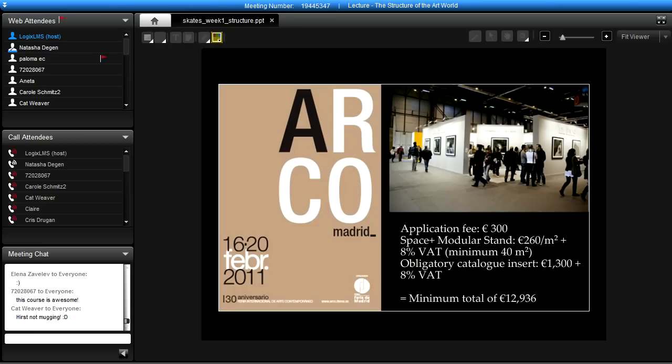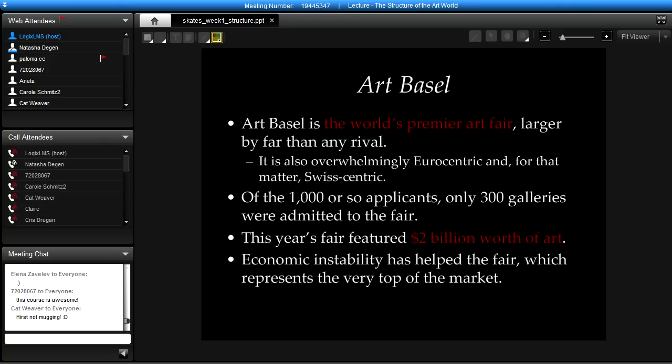And not only are the booth fees, so the fees for renting the space, shipping, insurance, hotels, staff, etc. The other expenses can basically match the cost of the fees. So for most art fairs, you're talking about considerable sums of money, definitely in the tens of thousands.